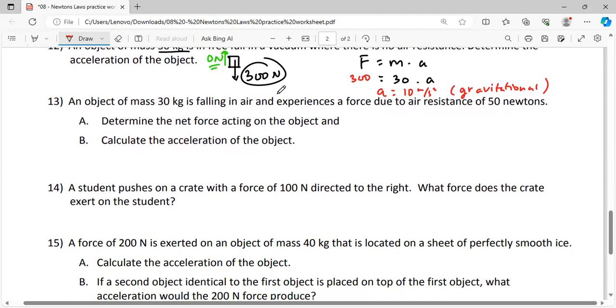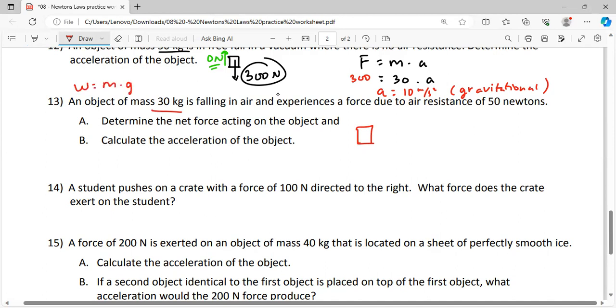So next, number 13. An object of mass 30 kg is falling in air and experiences a force due to air resistance of 50 Newton. Determine the net force on the object. Okay, the net force, we draw once again like this. The mass is 30 kg. How do you calculate the weight?